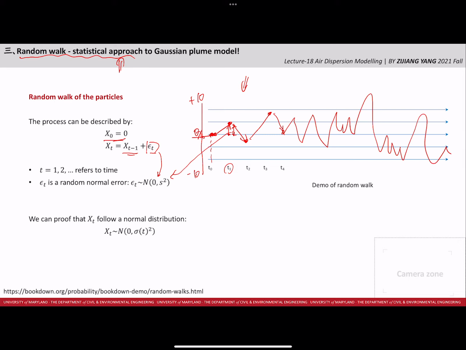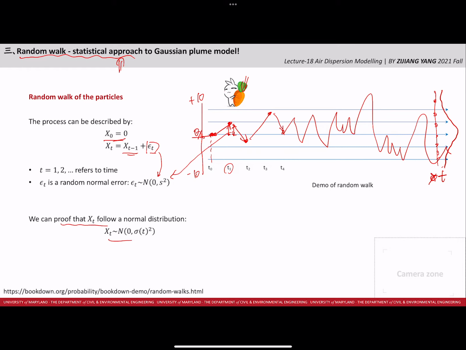So this is a random walk. And theoretically, we can prove that. I'm not going to prove it. But in general, if we capture all the particles here at time T, we can prove that the number of particles follows a normal distribution.